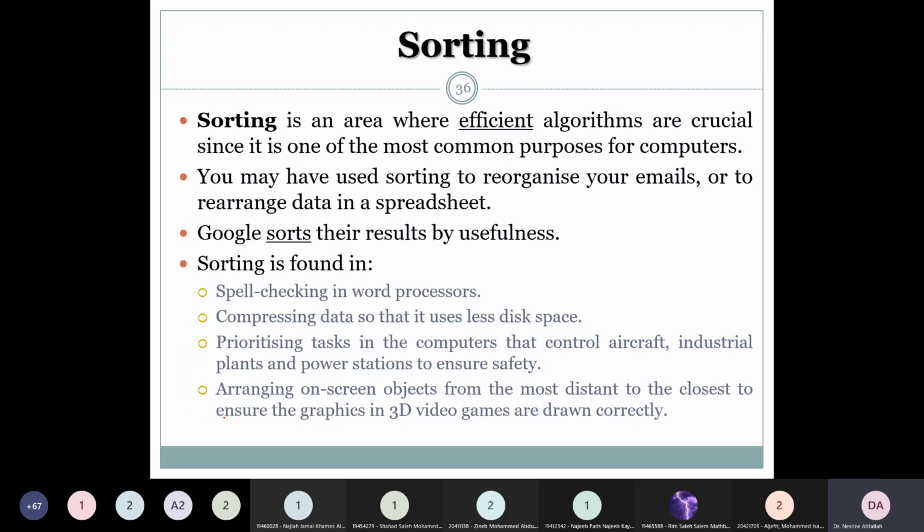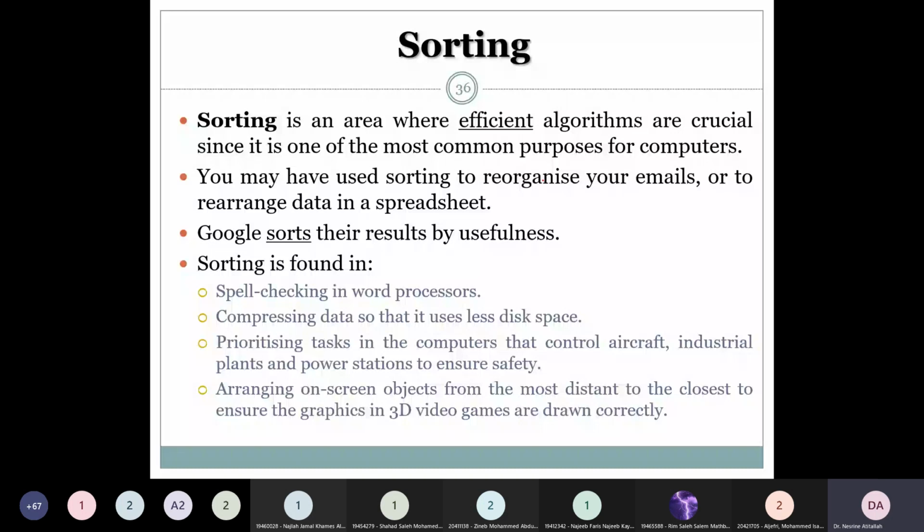When you need to sort an array, a list, or a string, or whatever. Sorting is an area where efficient algorithms are crucial, since it is one of the most common purposes for computers. You may have used sorting to organize your emails or to rearrange data in a spreadsheet, etc. Google sorts the results by usefulness, for example.